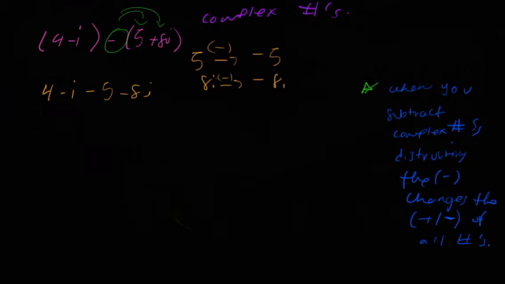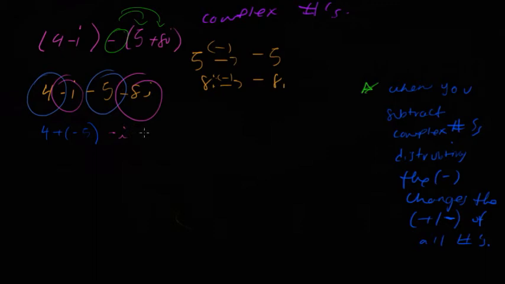Now what we want to do after this, let's take the same thing. We're going to add our blue with our blue, and we're going to add our pink with our pink, okay? So the blue plus the blue says we're going to take 4 plus a minus 5. And the pink says we're going to add minus i and minus 8i.